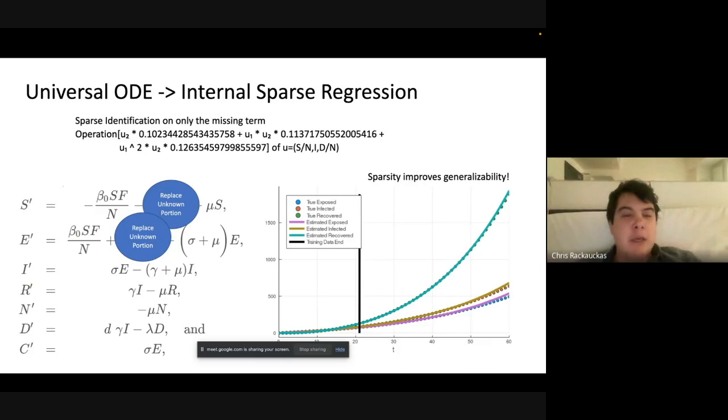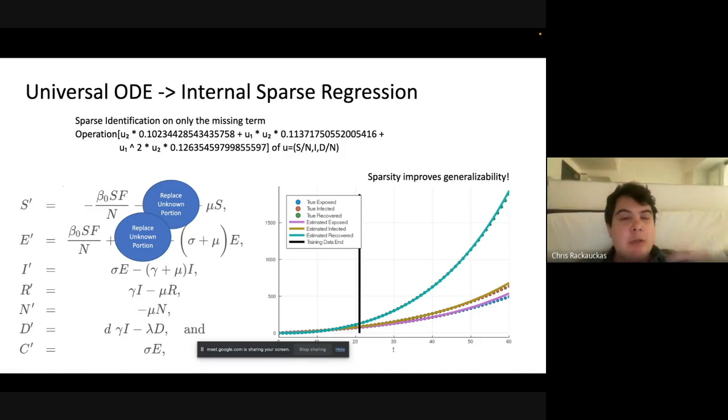So when we did this example, we actually allowed this neural network to be a function of S, I, and D. So we said exposure can be a function of susceptible, infected, and dead individuals. And when we do the sparse regression, it tells us that the best fitting lower order polynomial to what the neural network had found is a function of S and I, but not a function of D. U3 does not show up in that equation.